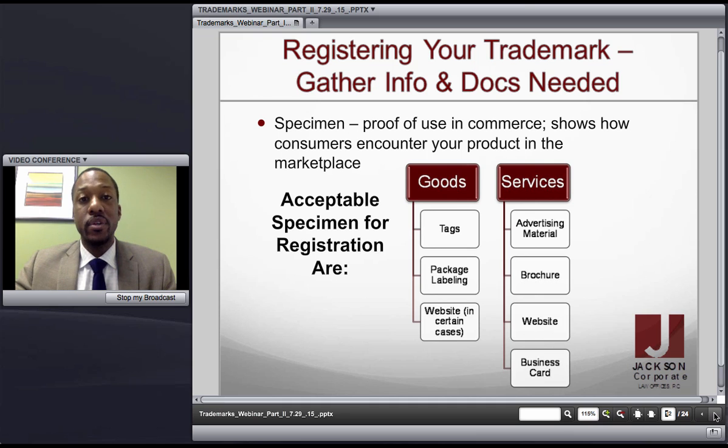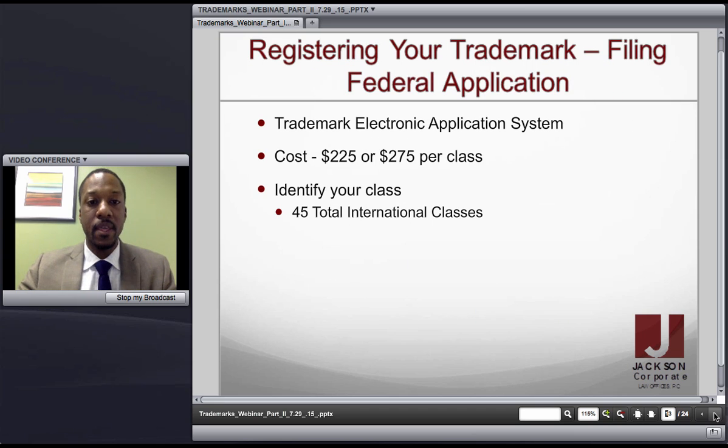The USPTO will not accept this because they see that as being more decorative than as identifying a source of goods. So when you think about a specimen, think about this, and there are searches that you can do on Google in order to figure out what an acceptable specimen is for your product or service.